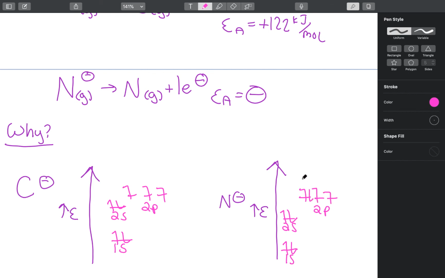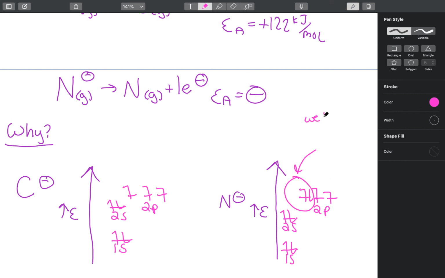Now note that this nitrogen anion has a much lower electron affinity than the carbanion here. And why is this? Well, it all has to do with this extra electron in this particular orbital here. This electron is right next to another electron in this orbital.